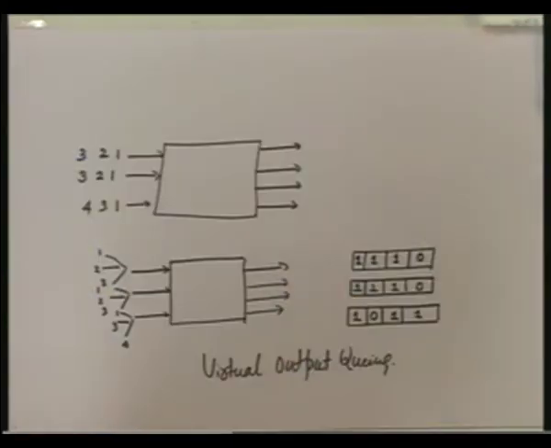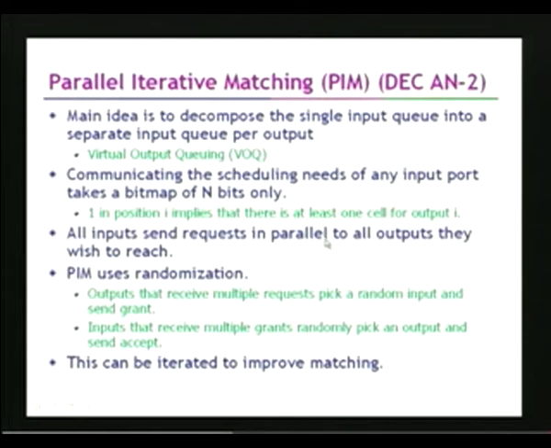Okay. Then what happens in this algorithm is all inputs send requests in parallel to all output ports which they wish to reach, using this bitmap. So, there will be a request phase, just like in the take a ticket algorithm, and parallel iterative matching then uses the principle of randomization.